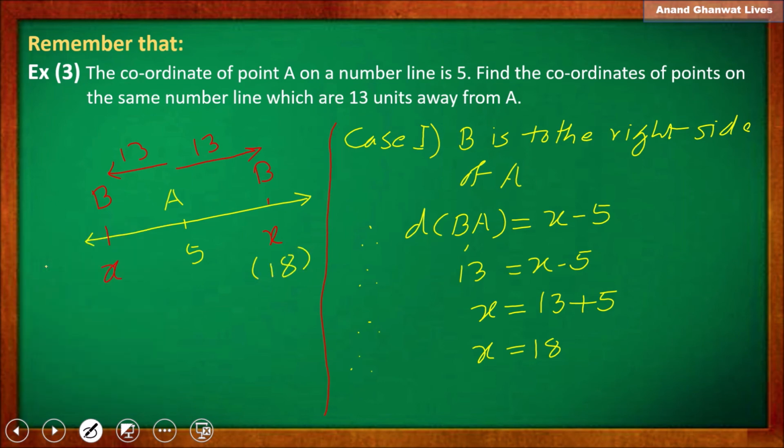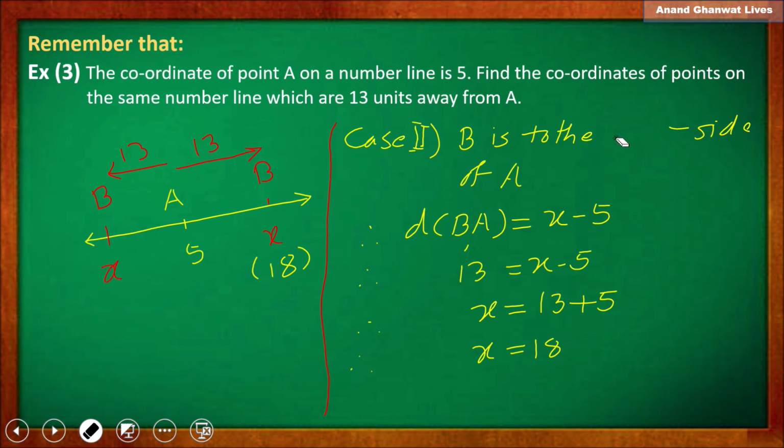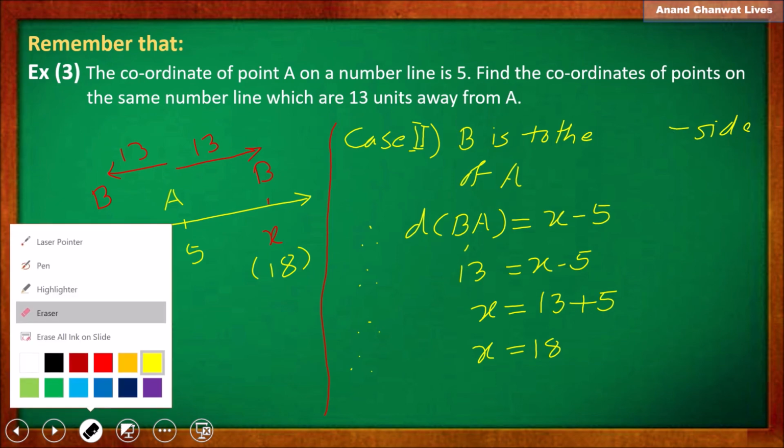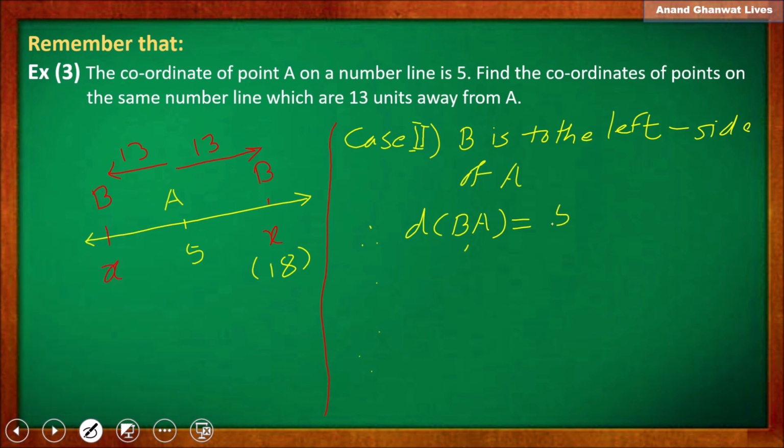For the second condition, we will suppose that B is on the left side of point A, and in this condition the coordinate of point B is x and the coordinate of point A is 5. So which is to the right side? 5 is to the right side, so 5 is the larger, meaning 5 minus x.